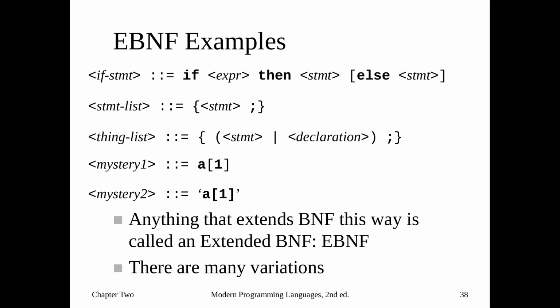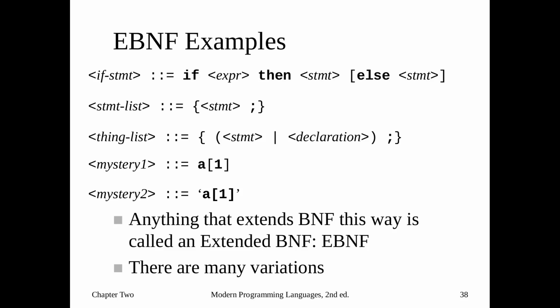And then we can have a statement list, which is one or more statements, followed by zero or more statements with a following semicolon. So that's creating a listing of statements. A thing list is essentially one or more of either a statement or a declaration followed by a semicolon. The mystery one is telling us now, what is this asking us?